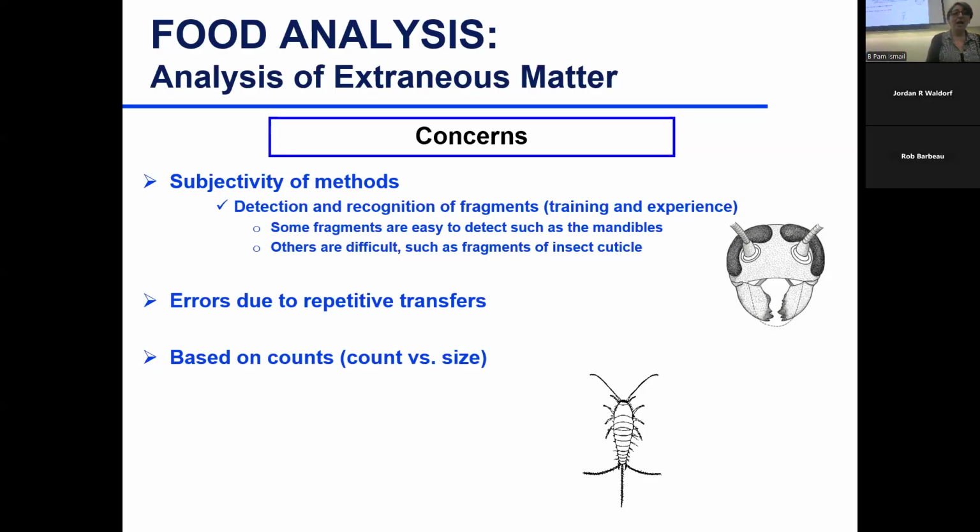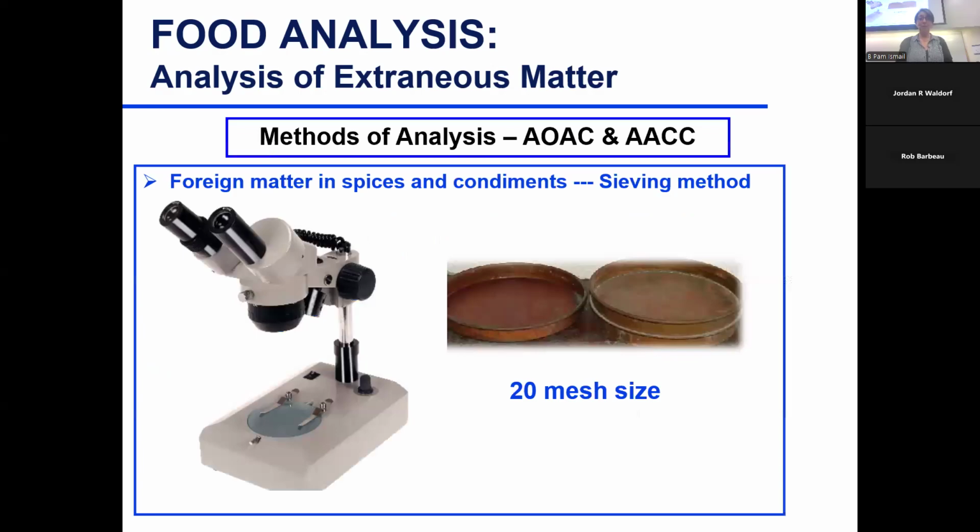And then there are a lot of repetitive transfers during the analysis, so you might lose some and count less than actually present. So a lot of the methods are based on counting under the microscope. Spices, run it through a sieve and take what's left on the sieve and count on the microscope per specific gram or 50 grams or what have you.